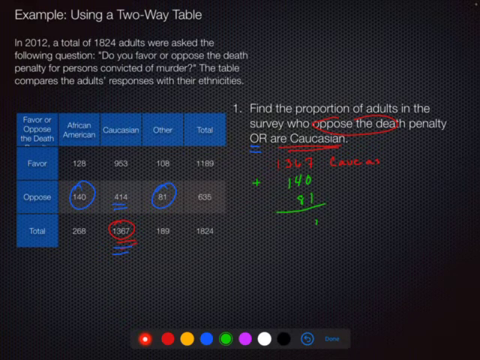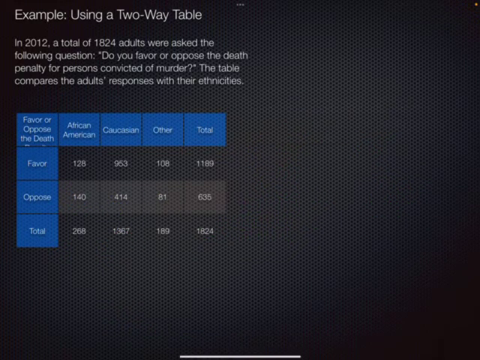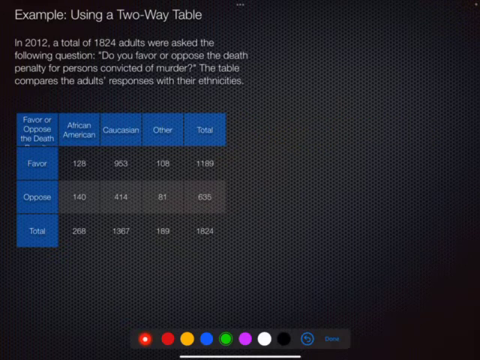Let's get a total here. That's 1,588 who opposed it or are Caucasian. So that's 1,588 out of the total number of adults, which is 1,824.